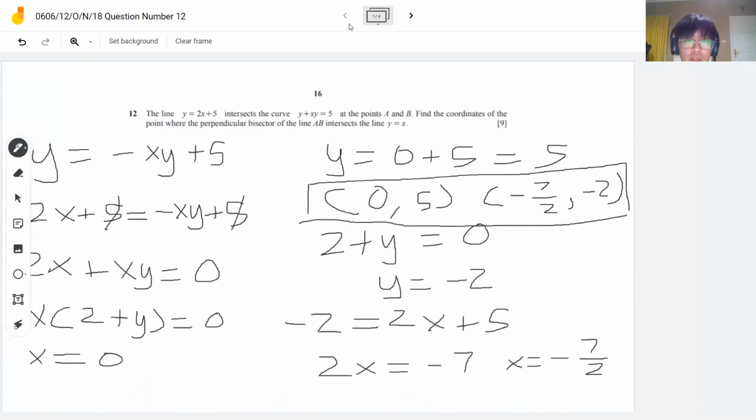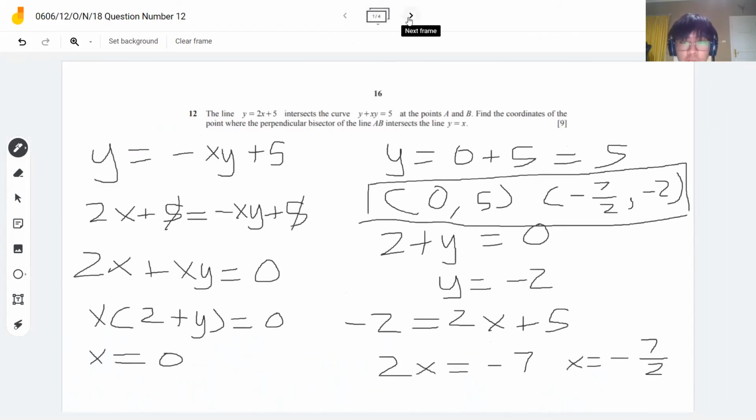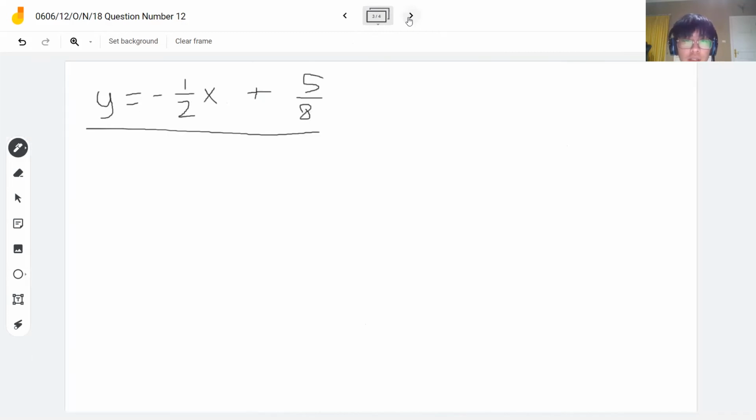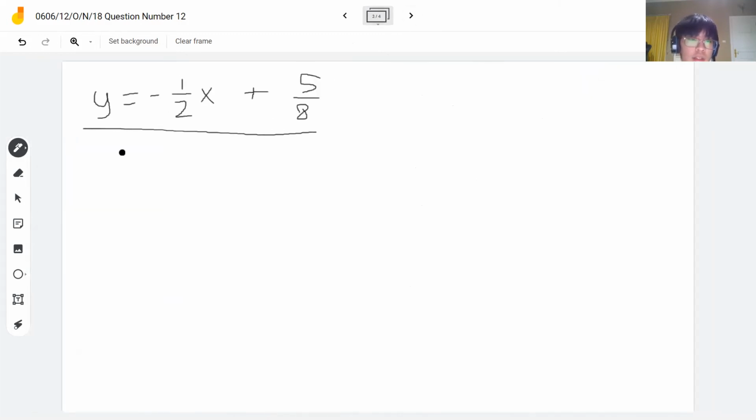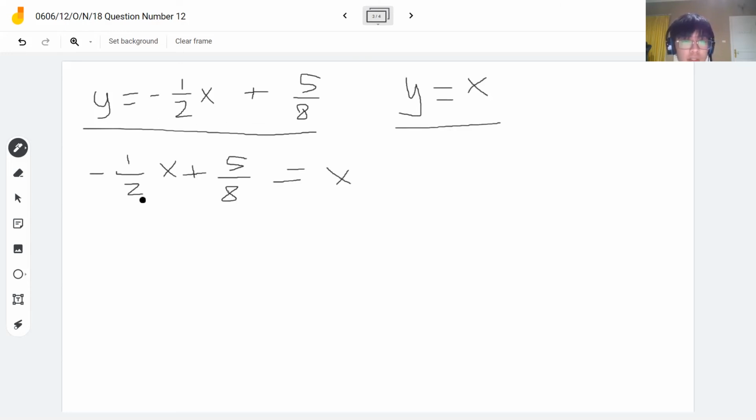Now what we need to do is the fourth and final step, which is to equate that equation with y equals x to find the coordinates where that intersects. This is the final and probably the easiest step. Of course, because it's y equals x, you can easily equate it. Negative 1 over 2 x plus 5 over 8 equals x, as the line that you are intersecting it with is this. This is now very simple.